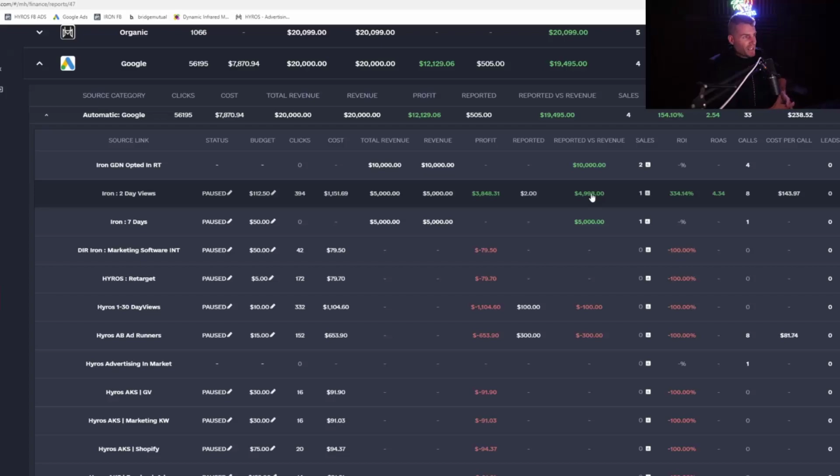You end up optimizing for cost per call and cost per lead. Cost per call and cost per lead are not accurate because a lot of times if you're optimizing around that, you're optimizing around the cheapest conversion possible. The Google Ad Manager, the Facebook conversions are going to try and get you the cheapest calls, the cheapest leads. You don't want that.